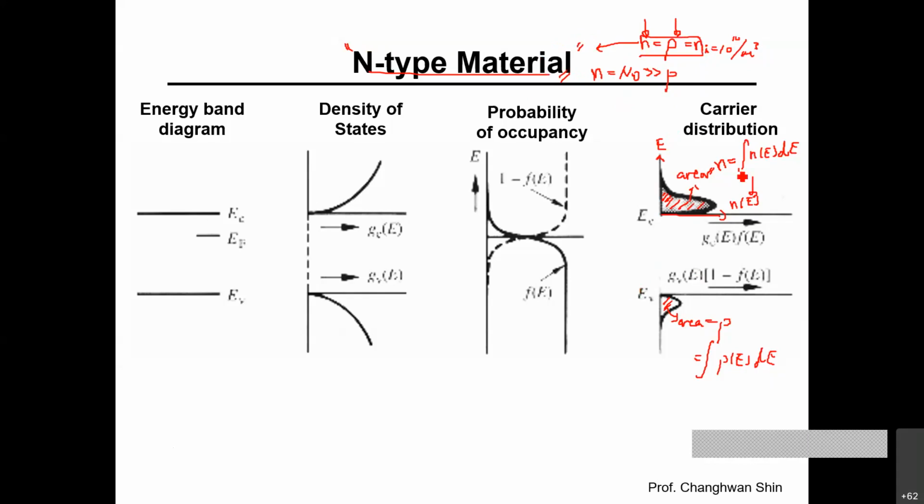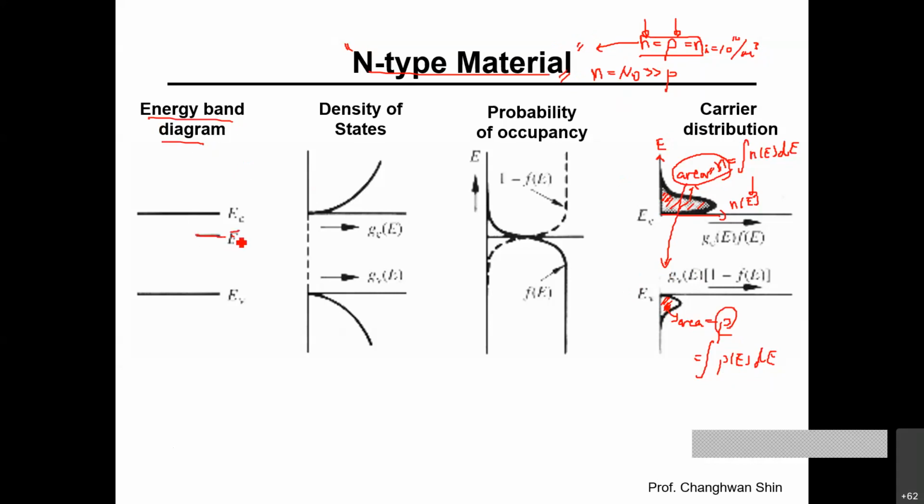And on the right hand side, you can clearly see that the area indicating the electron concentration is much wider than the area indicating the hole concentration. So why is that? Let's go back to the first step. Here is the energy band diagram for N-type material.